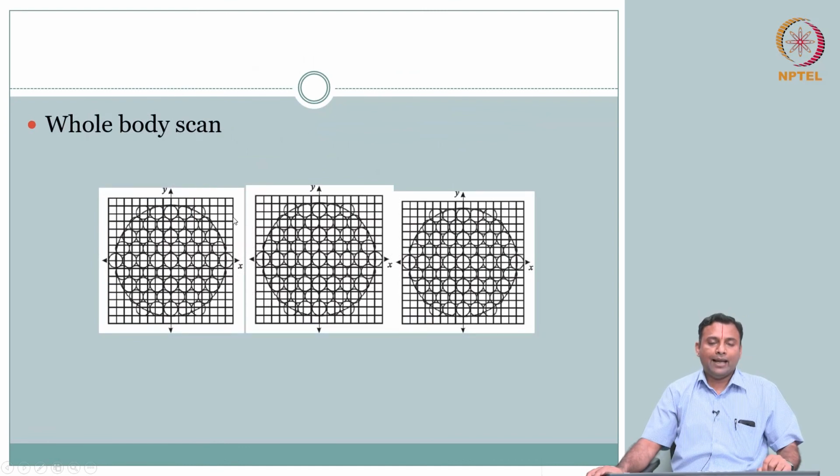Whole body scan is not that difficult. Essentially you have one frame, register it, move to the next, register it, move to the next. So you juxtapose them so that you have the whole body. Of course, you can time this: the radioactivity you put in is engineered, so it is going to give radioactivity.